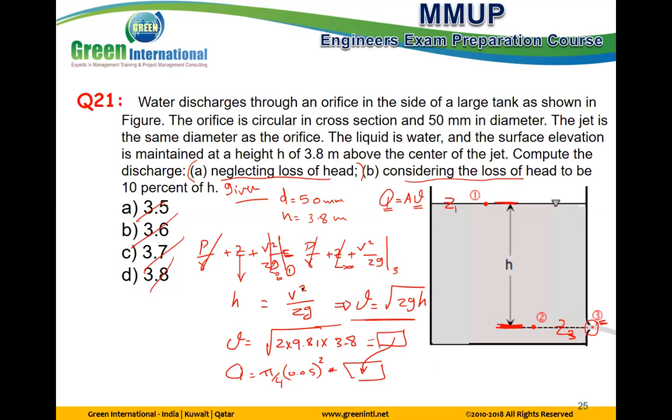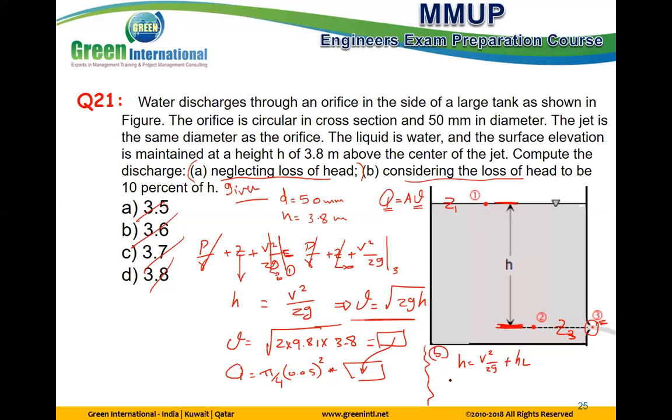If you need to calculate the second stage, considering the losses of head to be 10% of H, we just need to add here a part of what? H losses. That's it. The same equation. It means at the end, H equals V squared over 2g, but plus H losses.